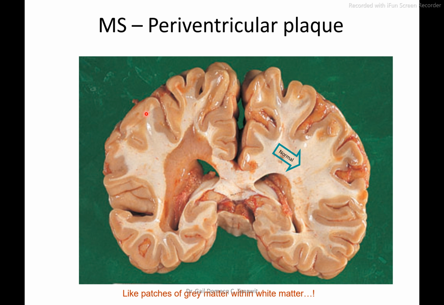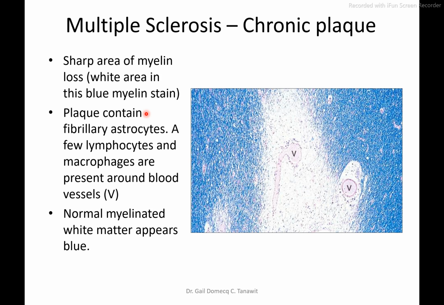So we have a gross finding here of multiple sclerosis, with periventricular plaques. On your right would be the normal part of the brain, and on the left would be the lesion. A sharp area of myelin loss, the white area, and the blue would be the myelin stain. This one has no more myelin.